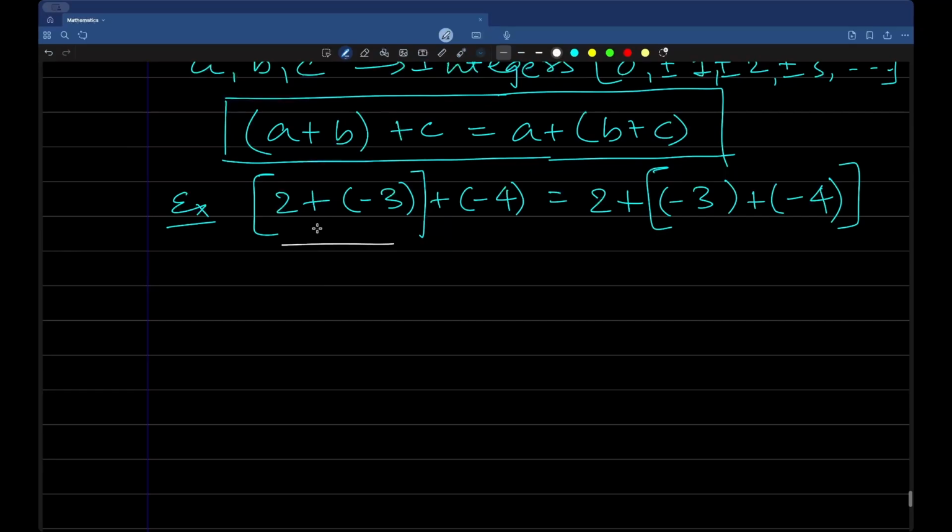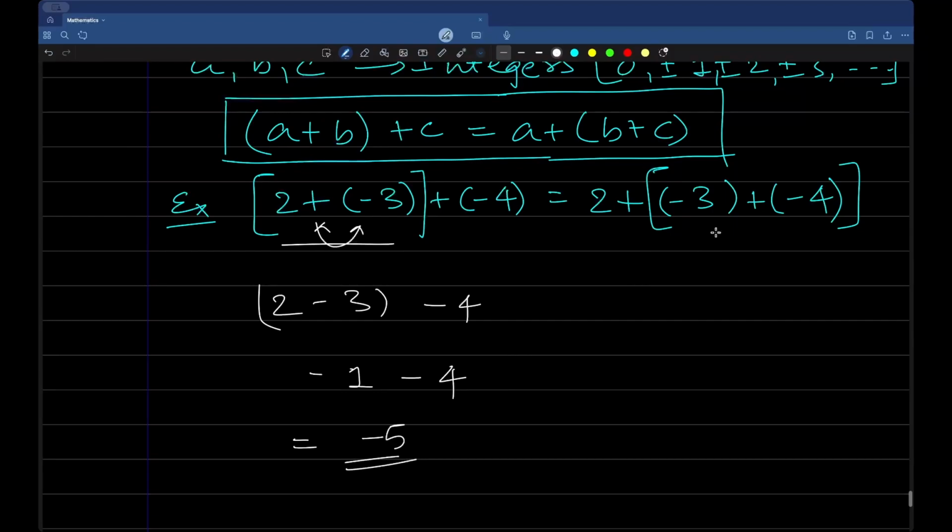Take the square bracket first, that is 2 plus minus 3, plus into minus is minus, that is 2 minus 3, which is minus 1. Then plus into minus is minus, we have minus 4. Minus 1 minus 4 equals minus 5 on LHS.